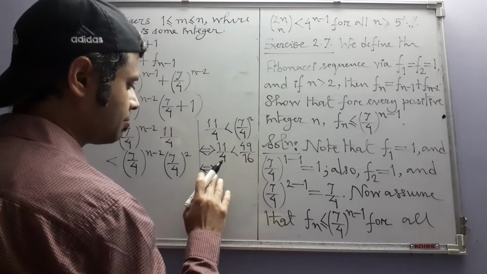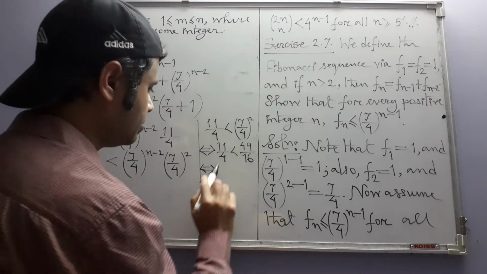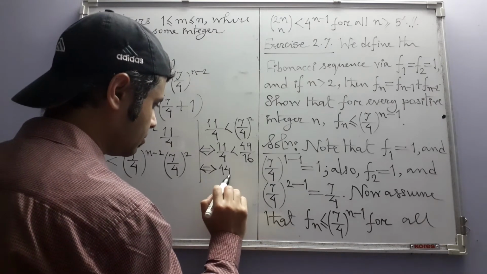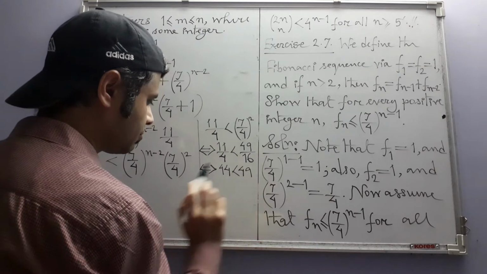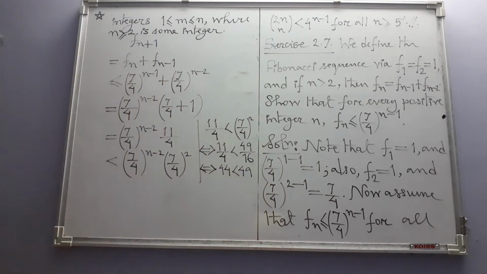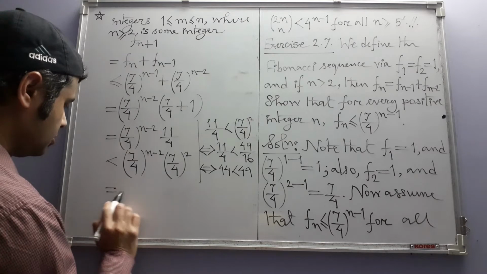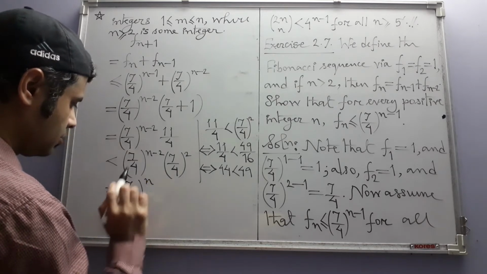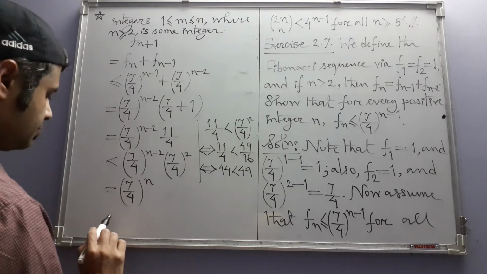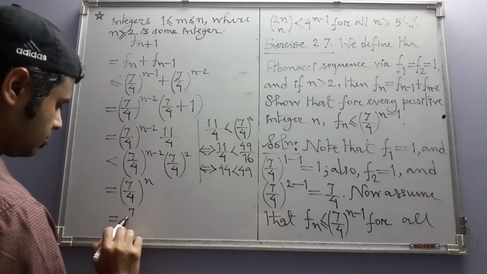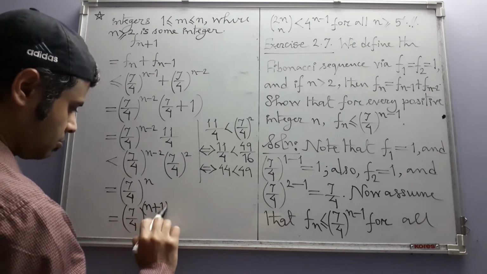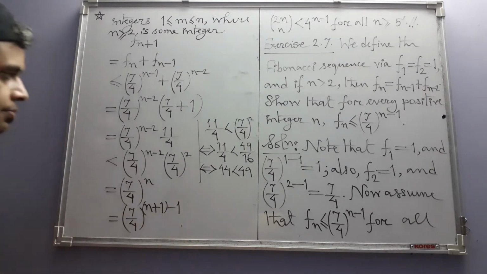If you multiply both sides by 16, then we will get 4 times 11, 44. 44 is less than 49, so you can go back, and this is 7 divided by 4 to the power n, which is to the power n plus 1 minus 1.